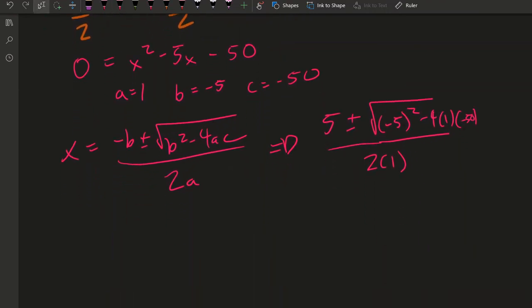Simplifying the discriminant here, I would get 25, and then negative 4 times negative 50 turns into positive 200.